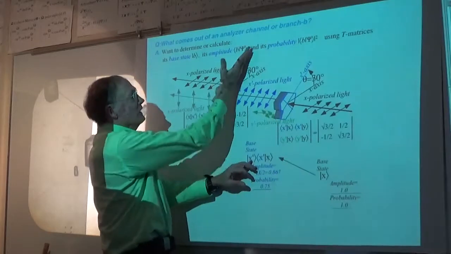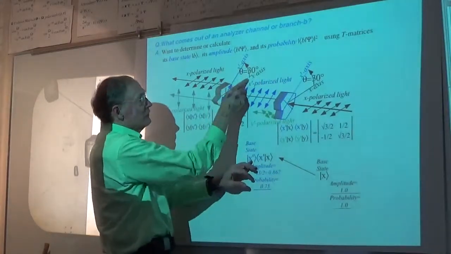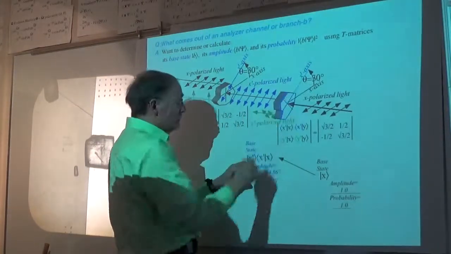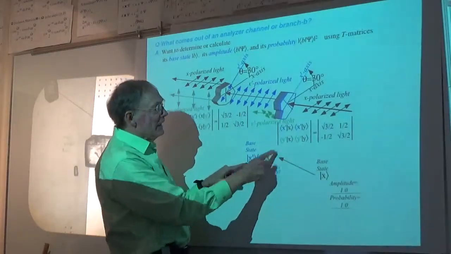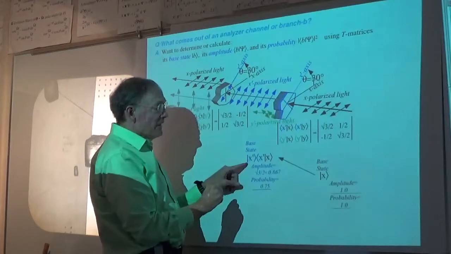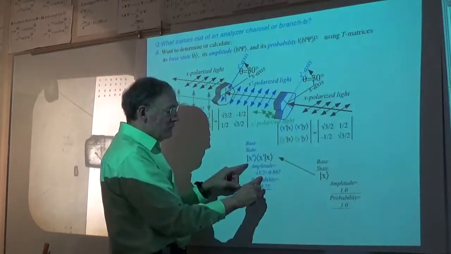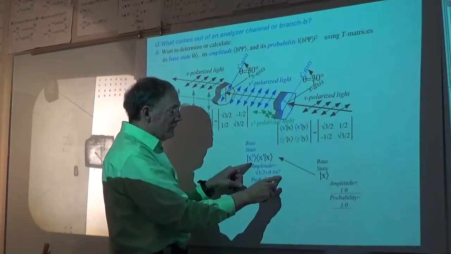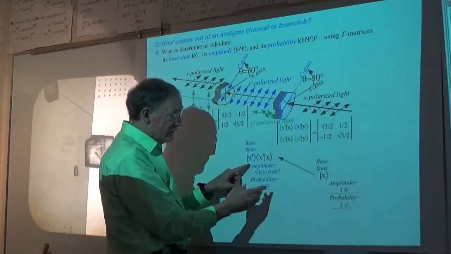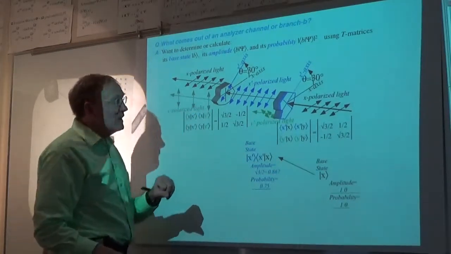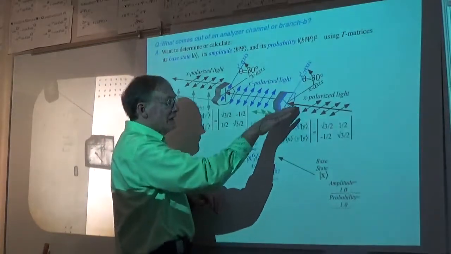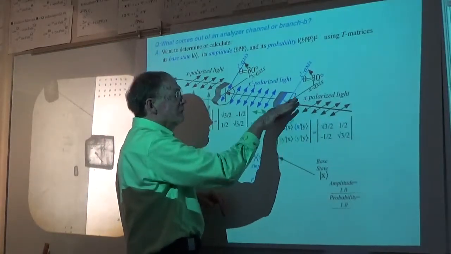That's just showing you where the x prime axis is relative to x, 30 degrees difference, just like this one. Okay? So we got an amplitude x prime x, that's square root of 3 over 2, 0.867, but we're interested in probability or intensity, which is the square of that, 3/4. Okay? So 3/4 of the light is going this way.